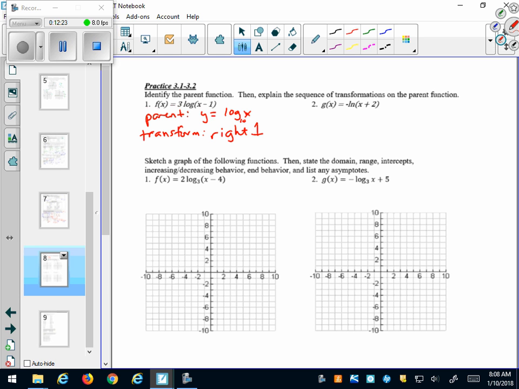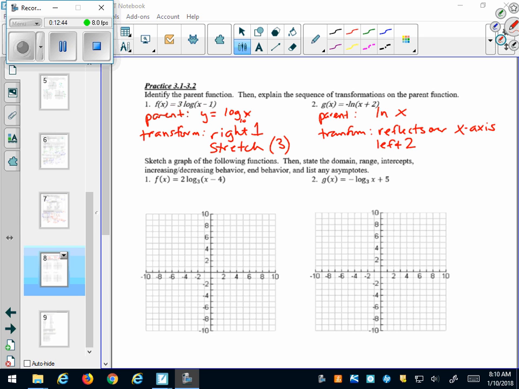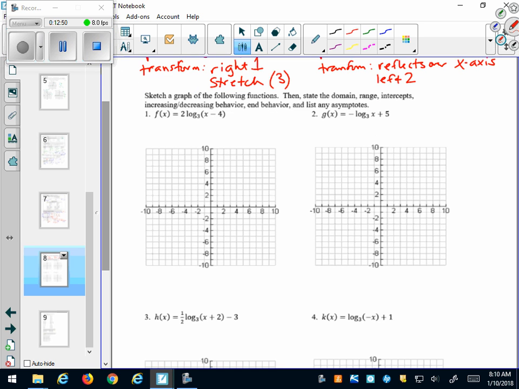So I'm just going to call it a stretch of 3. All right, you guys try the one on the right, number 2. Questions on those transformations?